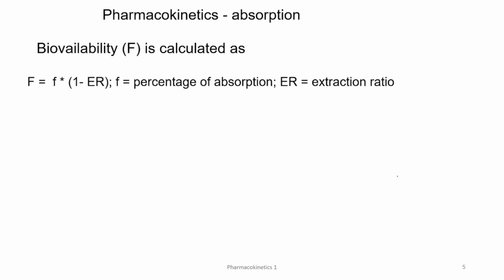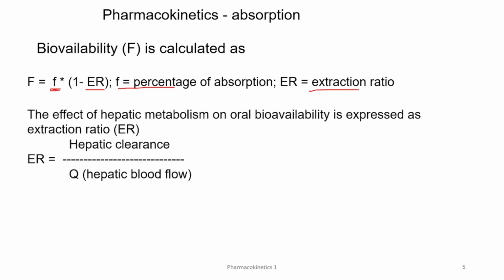And now bioavailability is calculated by another interesting formula. This is F, which is the percentage or fraction of drug absorbed, multiplied by 1 minus ER. ER is the extraction ratio, especially when we give a drug orally, how much is being extracted, metabolized in the liver.